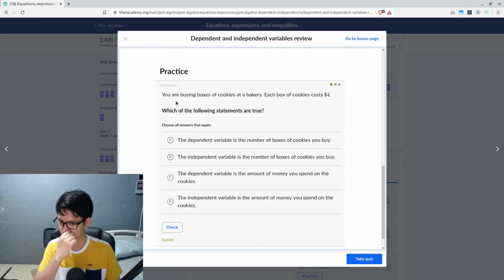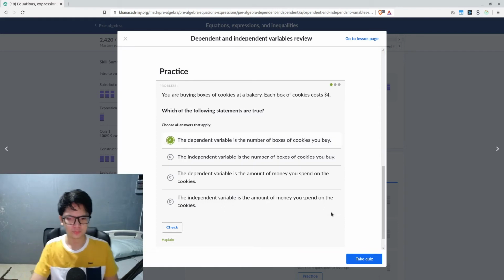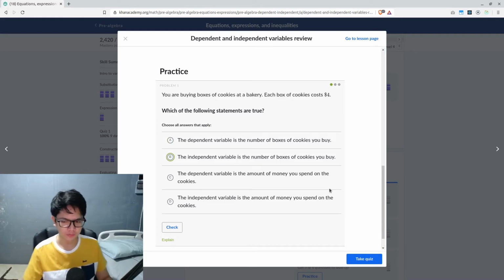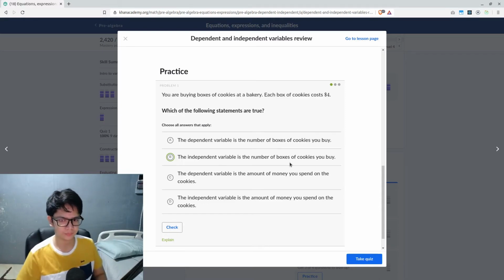The dependent variable is the variable... is the number of boxes of cookies you buy. The dependent variable is the amount of money you spend on the cookies.